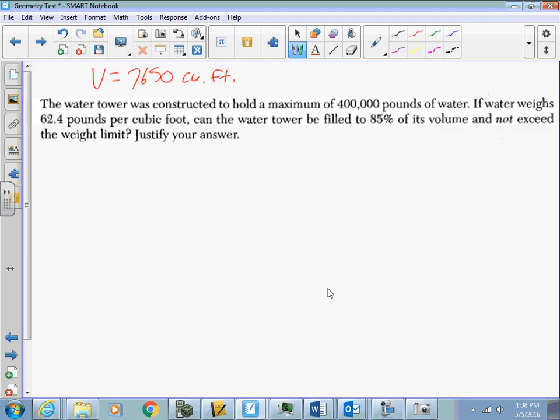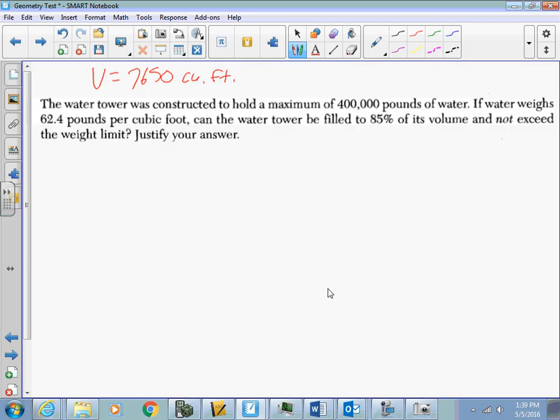All right, so this water tower was constructed to hold a maximum of 400,000 pounds of water. Okay. So if water weighs 62.4 pounds, what we're going to have to do is think to ourselves, if it were full, how much weight would it be holding?